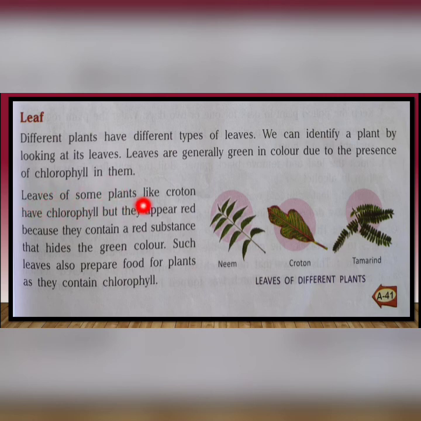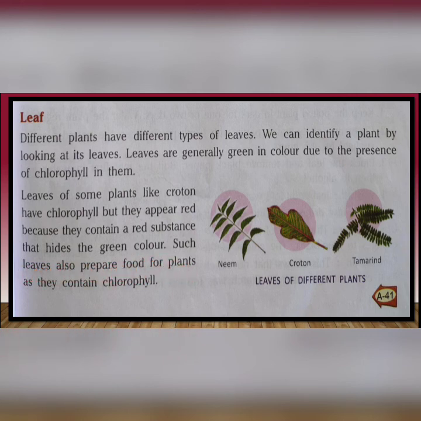And leaves of some plants like croton have chlorophyll, but they appear red because they contain a red substance that hides the green color of the leaf. Such leaves also prepare food for plants as they contain chlorophyll.